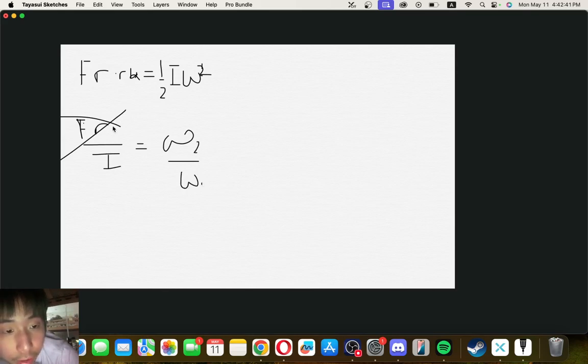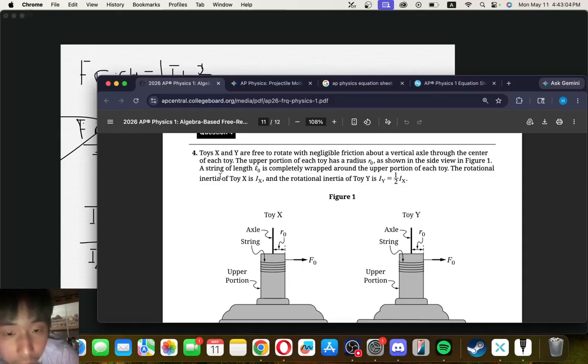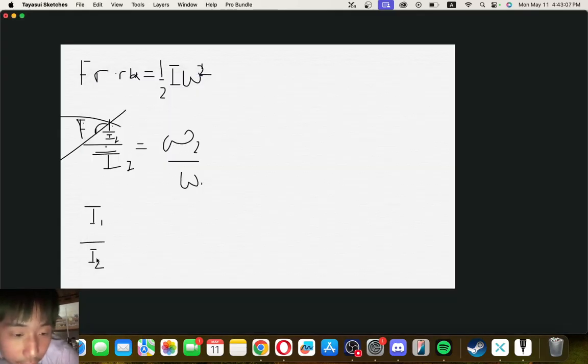The only difference is 1 over I 2 over 1 over I 1. And when we turn it around, it'd be I1 over I2, or Y, it should say Y. And this is X equals omega Y over omega X.